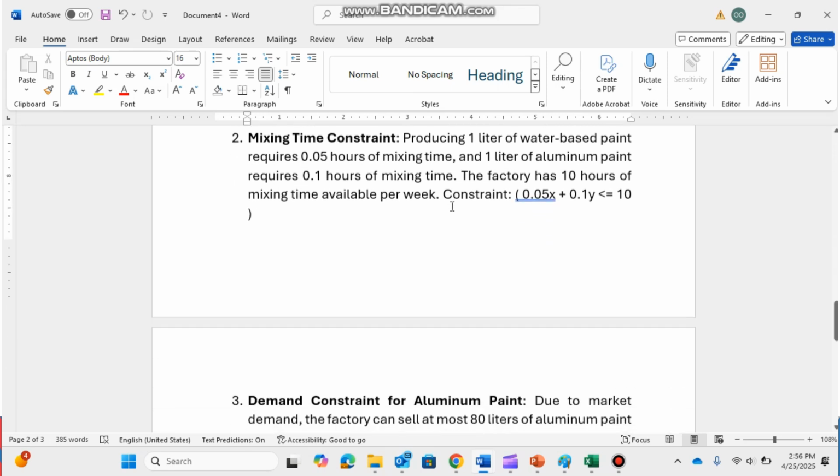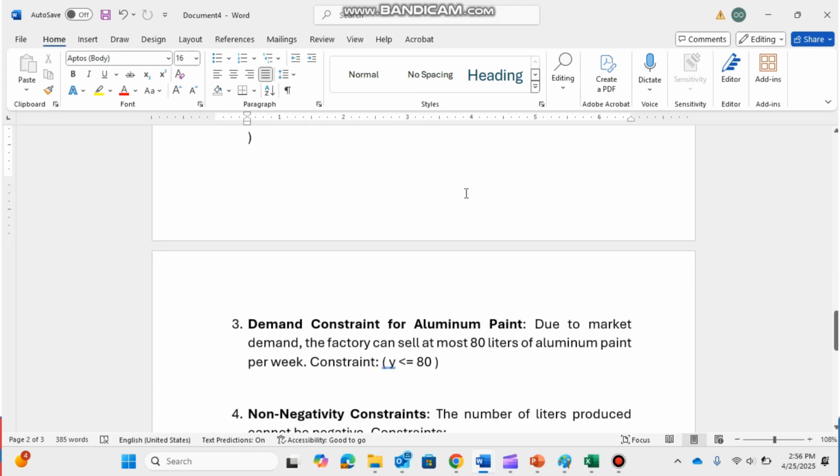Now let's look at the other constraint. The other constraint in this question is the demand constraint for aluminium paint. Remember that there was a demand for aluminium paint, which is that the factory can sell at most 80 liters of aluminium paint per week.